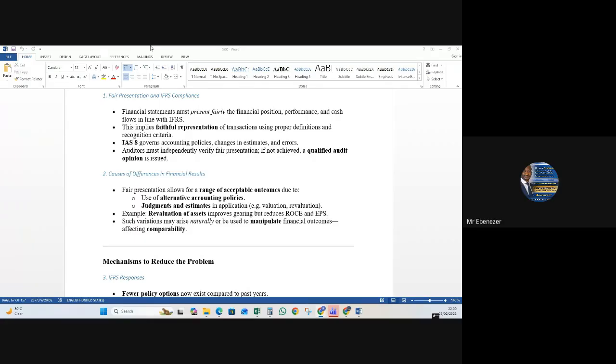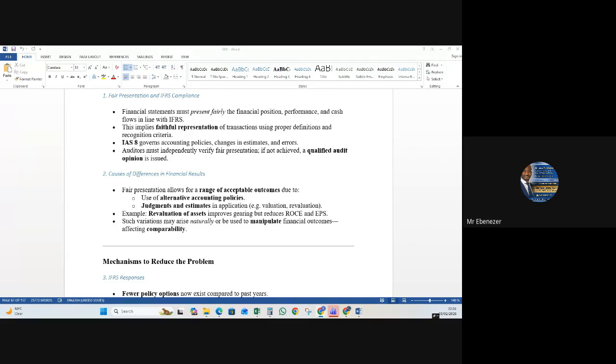Now, causes of the differences in financial statements. What can cause a difference in the financial statement? Fair presentation allows you a range of acceptable outcomes. That's fair presentation. It allows for different outcomes. You can choose the outcome.